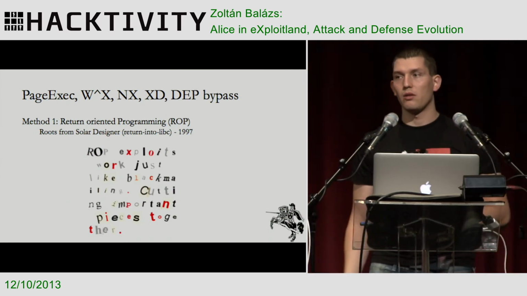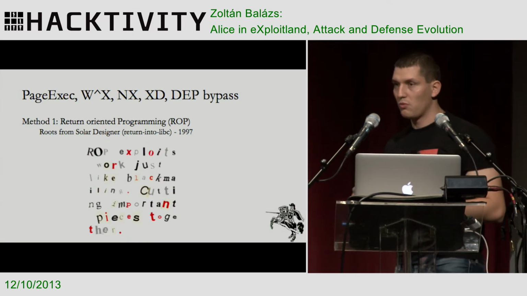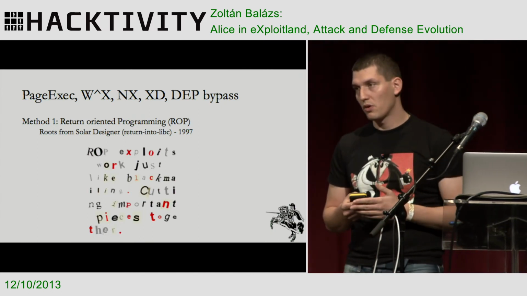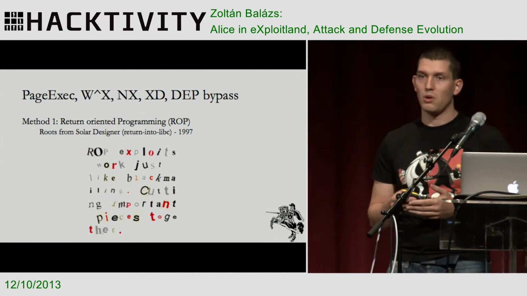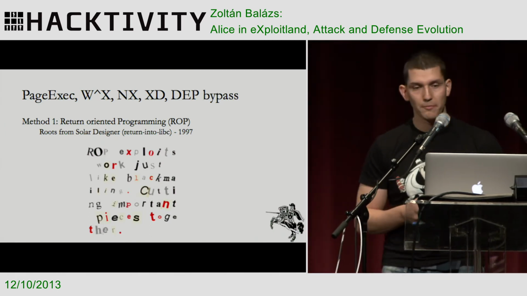Now we are again on the exploit side, and we want to bypass this data execution prevention. The very first and most important method to bypass this data execution prevention is so-called return-oriented programming.